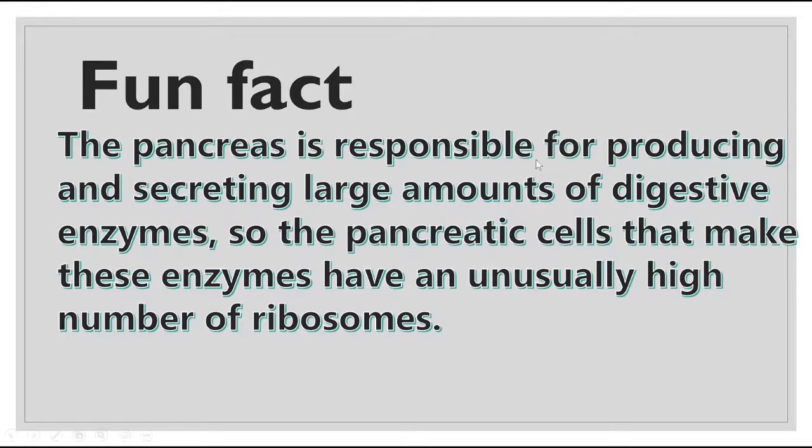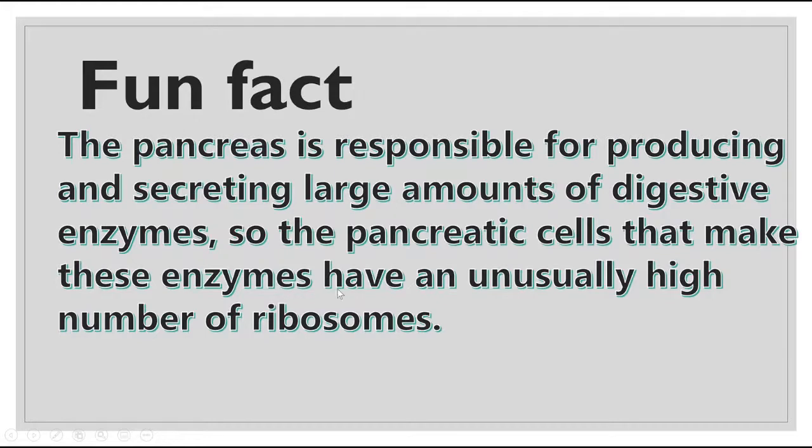Okay, one fun fact is that the pancreas, for example, we know that it is a part of the digestive system, and it is responsible for producing and secreting a large amount of digestive enzymes, right? And so these pancreatic cells actually make these enzymes. So the cells of the pancreas make the enzymes. An enzyme is nothing but a protein.